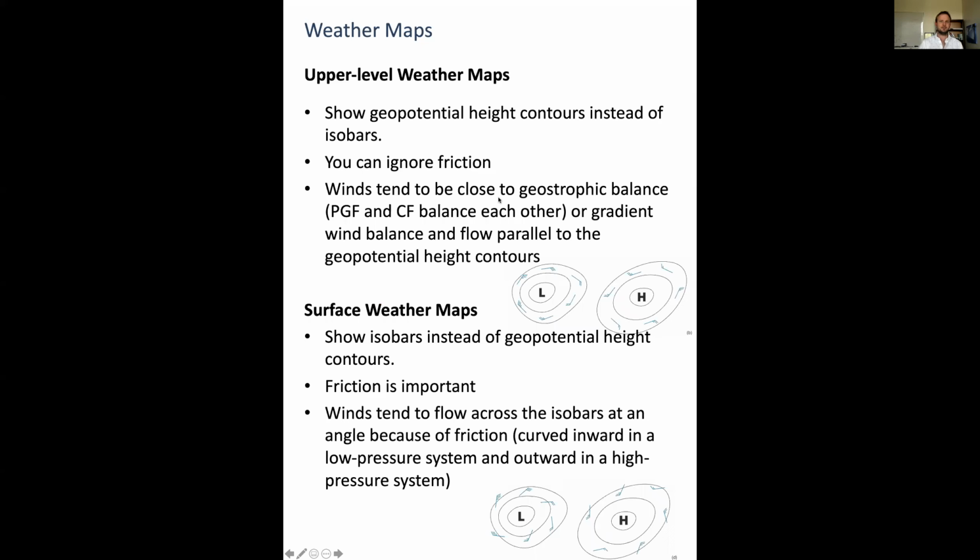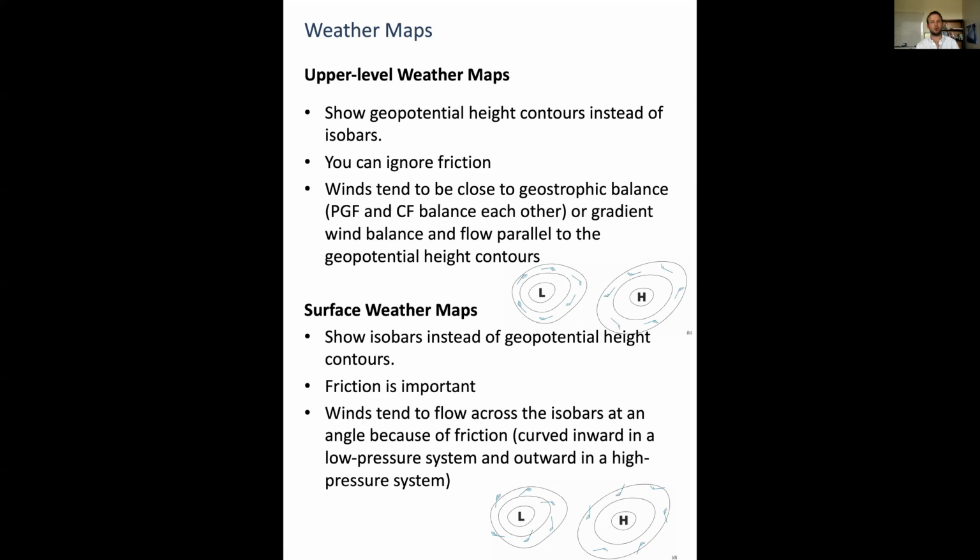So weather maps, we have a really clear distinction between weather maps in the upper levels and weather maps at the surface. In upper levels, we show geopotential height contours. We can ignore friction, and the winds tend to be close to, but not equal to, the geostrophic winds, where the pressure gradient force and Coriolis force balance each other. There is usually the so-called gradient wind balance, where we have this third force, the centripetal force.